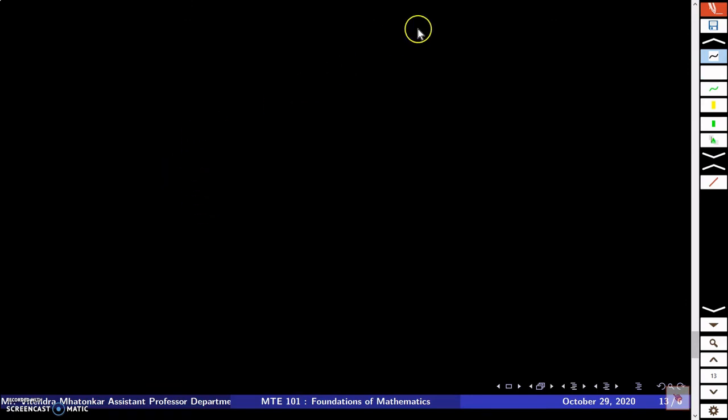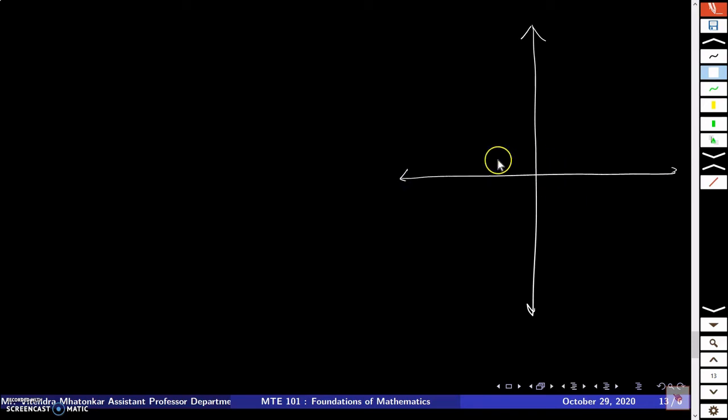Now supposing I have a function, and let's say I have its graph with me. Let's say this is the graph of my function, some arbitrary function, and the graph looks like this, and this keeps on moving. Okay.